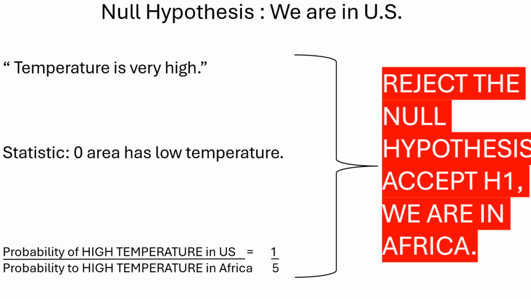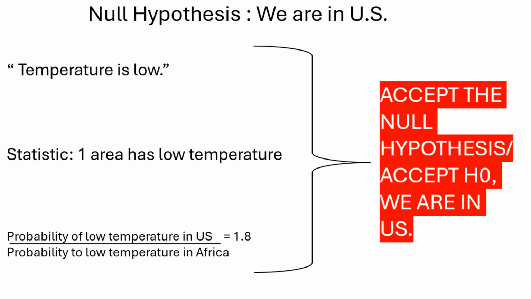And the final way is in the form of this ratio, that the ratio of the probability of high temperature in US to the probability of high temperature in Africa is 1 by 5. All of these statements lead us towards the same decision, that is to reject the null hypothesis and to accept the alternative hypothesis, that we are in Africa.